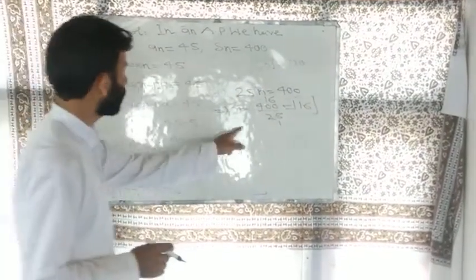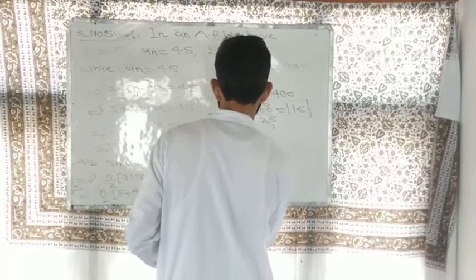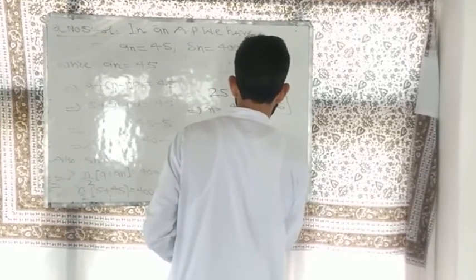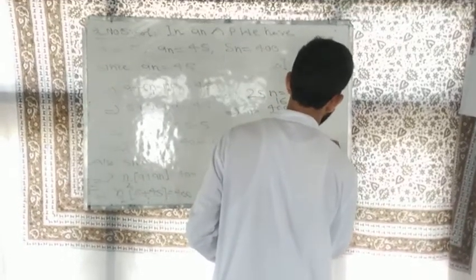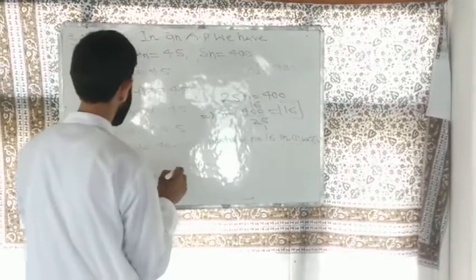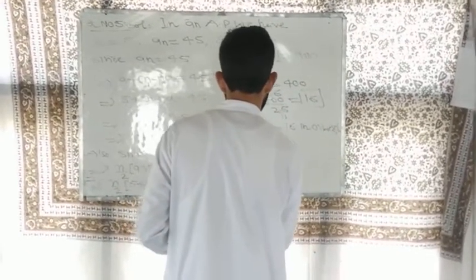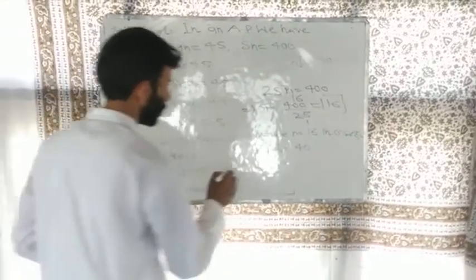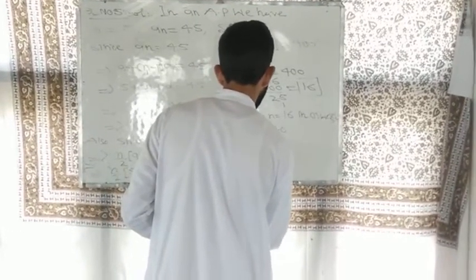Now substitute the value of n in the first equation. Substituting n equals 16, we get (n minus 1) D equals 40, so (16 minus 1) D equals 40. 16 minus 1 is 15, so 15 D equals 40.